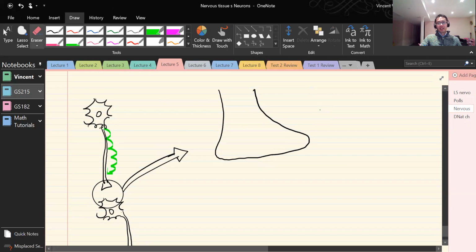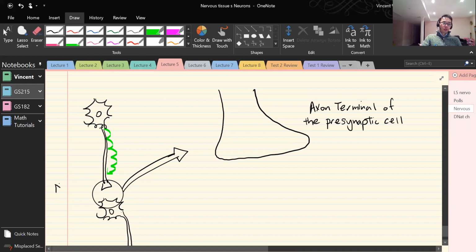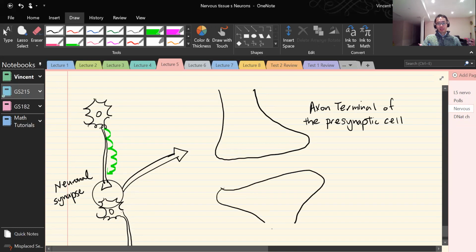Okay, you will have the axon terminal of the presynaptic cell. So this is called a neuronal synapse. There are other types of synapse, like the neuromuscular junction, but we'll just leave it like that. And then we will have this one.